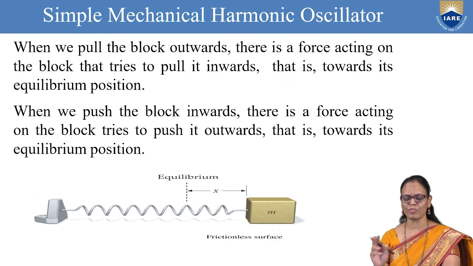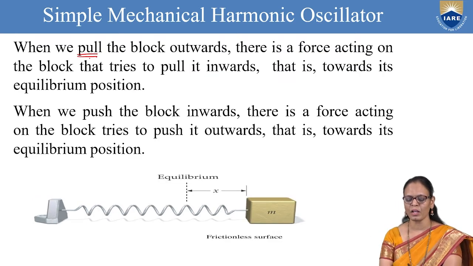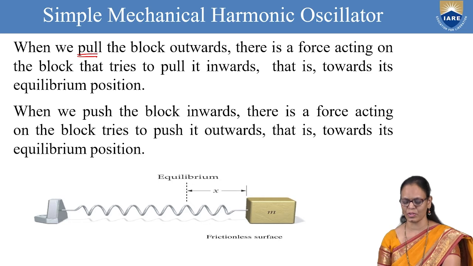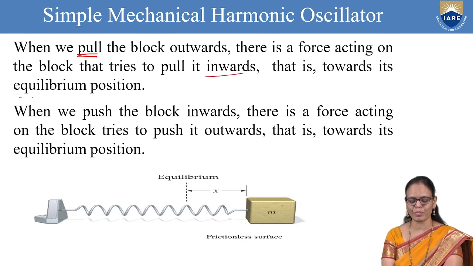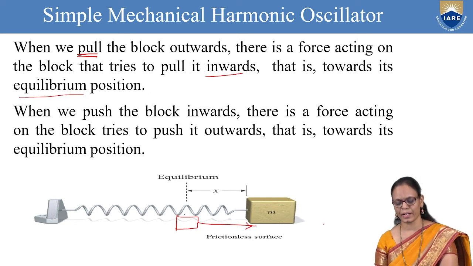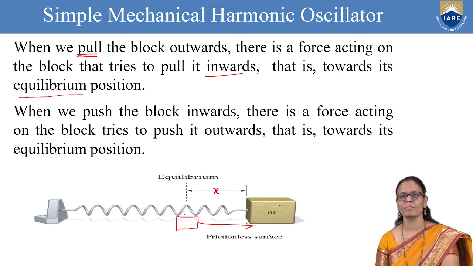So let us now perform two actions. The first one is the pull. We pull the block outwards. To my right, I will consider it as outwards. Imagine the block is here at the equilibrium position and I have pulled it through a distance x.